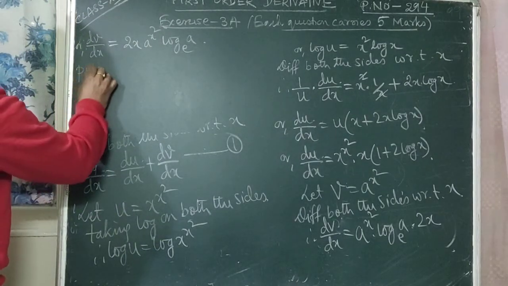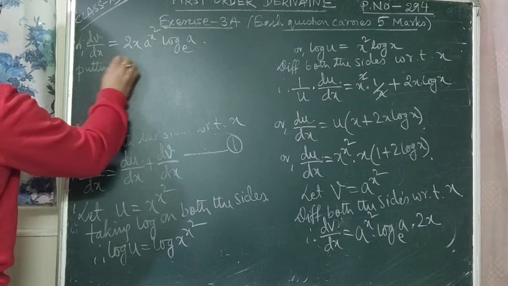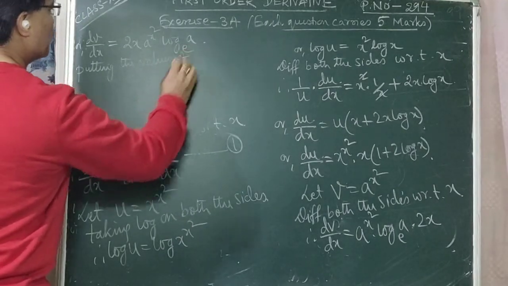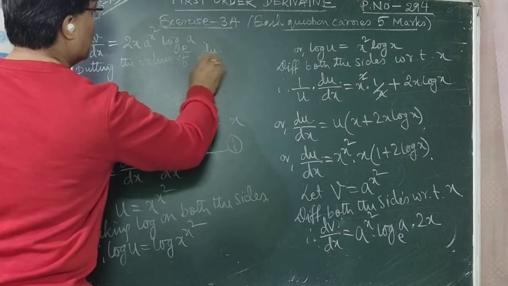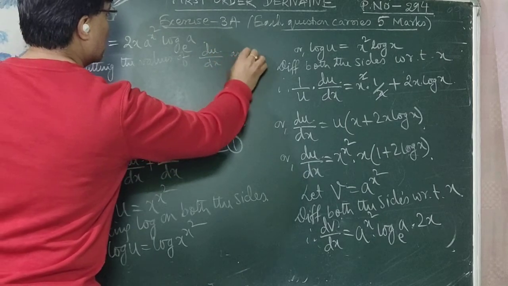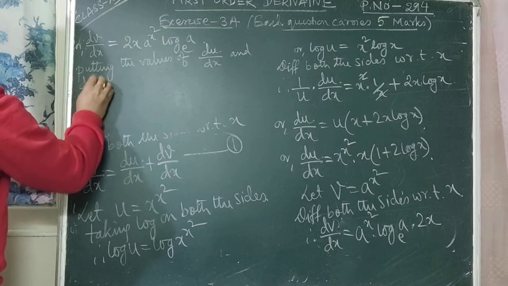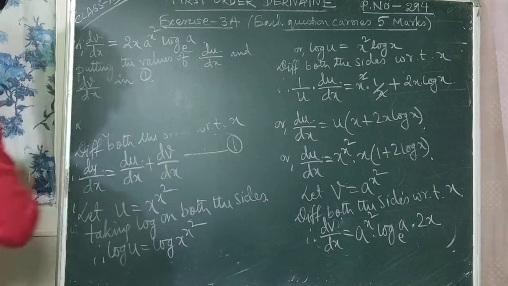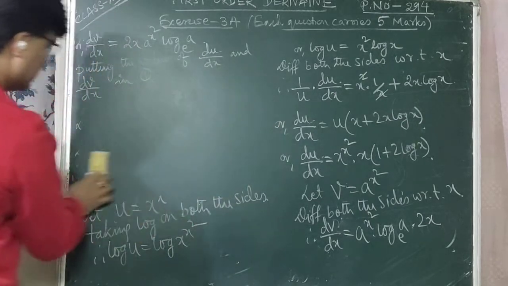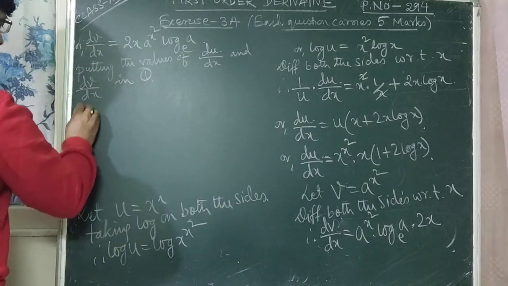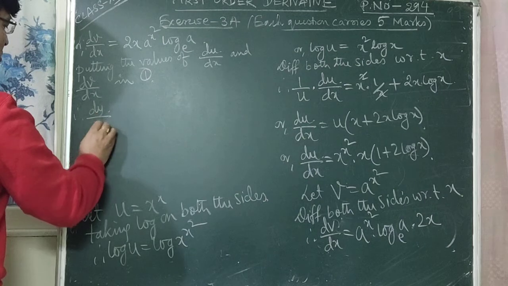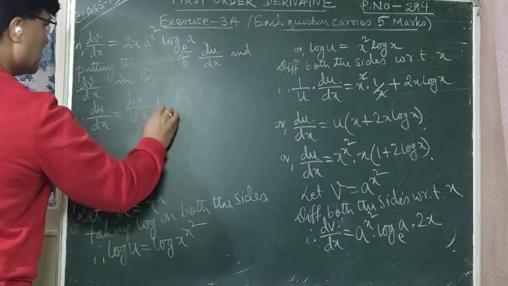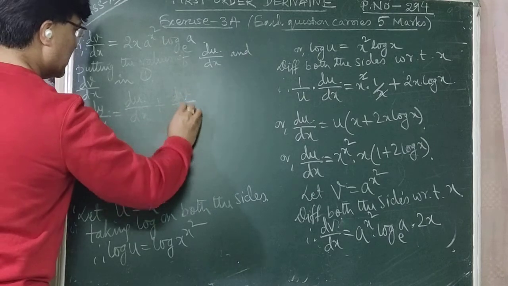So let us write, putting the values of du by dx and dv by dx in number 1. Okay? So let us write down number 1 now. So what is number 1 here? So dy by dx is equal to du by dx plus dv by dx.